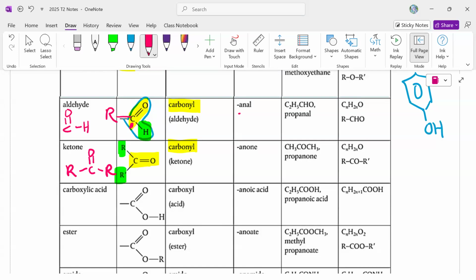If not, it will always be number 1. So therefore, nobody will call something 1-propanal, because the default is 1. There's no need to tell people it's 1 because it's the default.